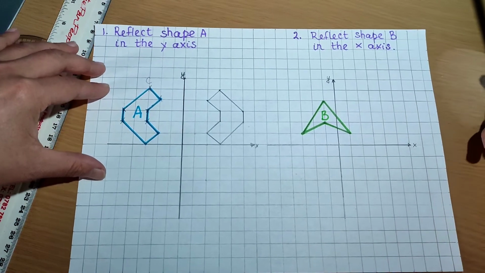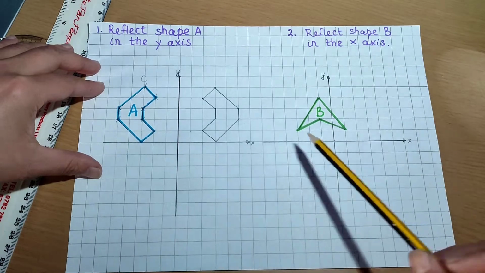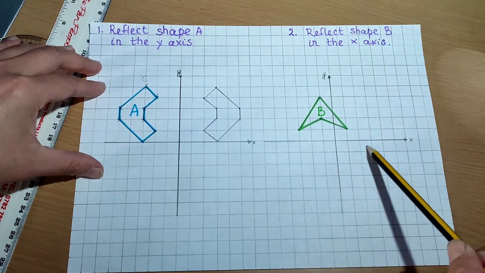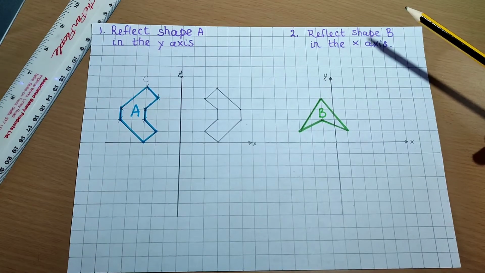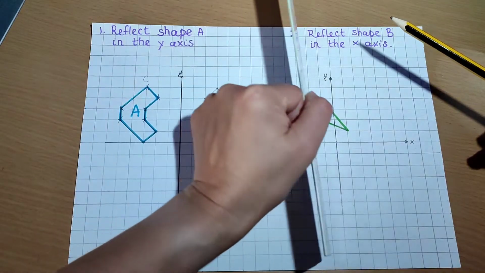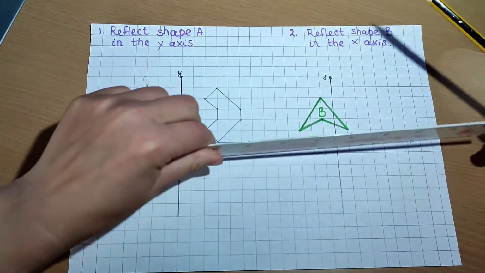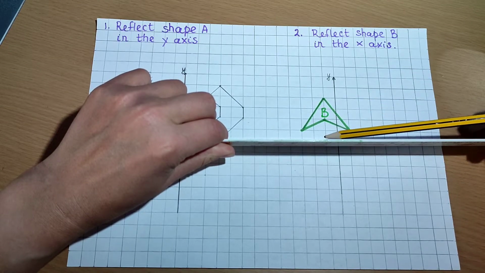Now sometimes it might say reflect shape B in the x-axis, and the x-axis is our horizontal line. So this time our mirror is not going to be here, our mirror is here. Imagine this shape is looking in the mirror and seeing its reflection.